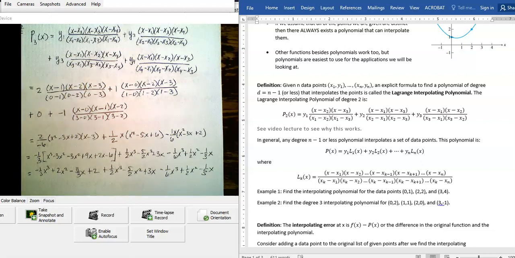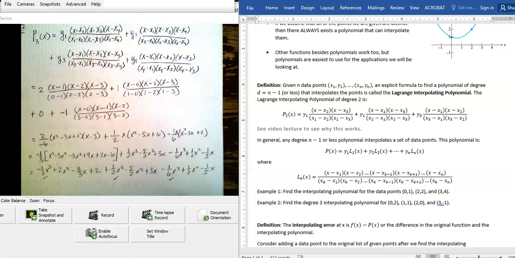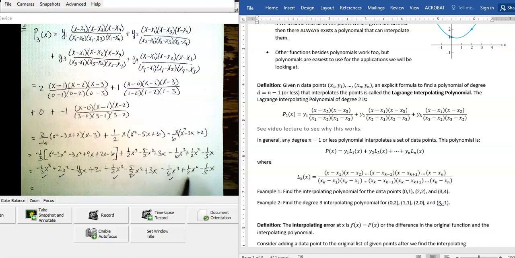All right, now let's go collect our coefficients. So negative 1/3 plus 1/2 plus negative 1/6. So that is 0. Two x squared, so 2 minus 5/2 plus 1/2 is 0.